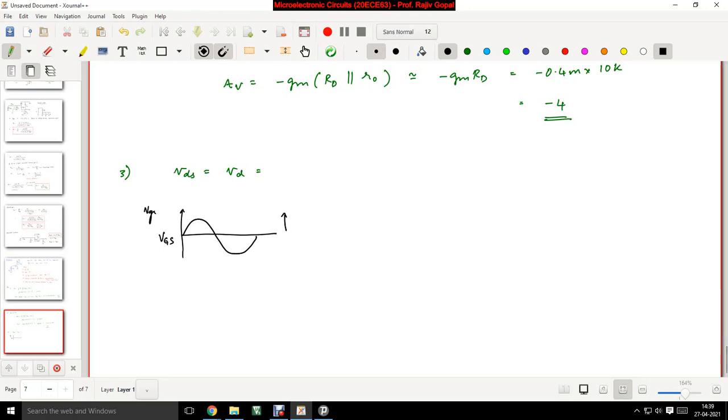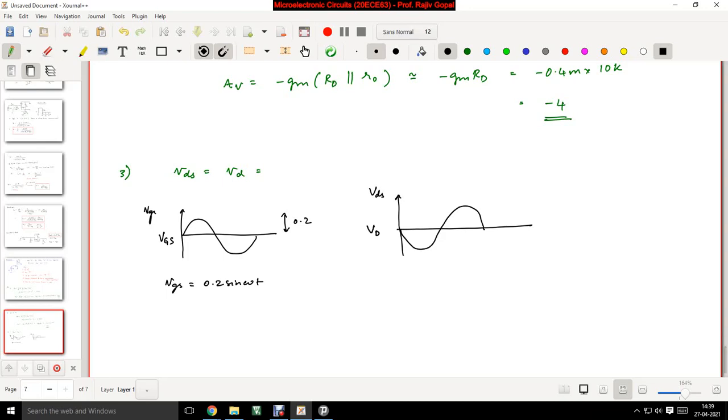This is 0.2, since it says vgs is 0.2 sin omega t. If I draw VDS, it will be like this.